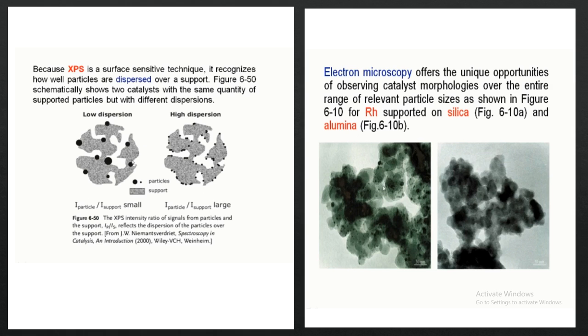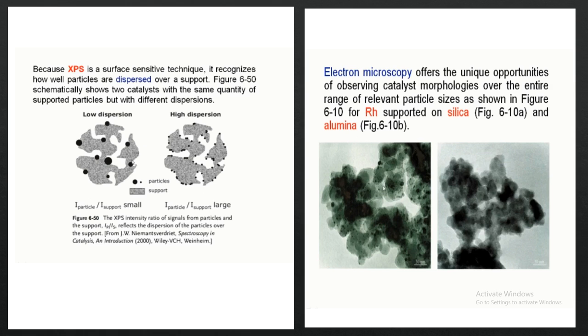So in the first case there is much lower dispersion, because this support has much lower surface area as compared to this one. That is why there is much more dispersion here, and the support has much more surface area as compared to that one.